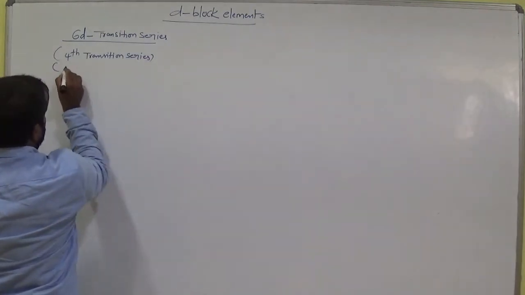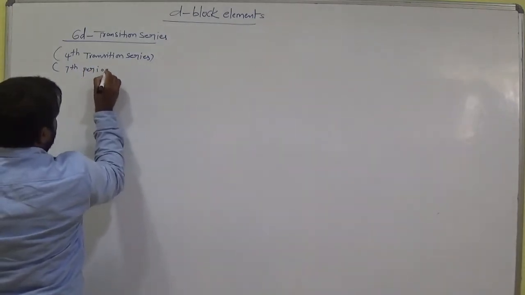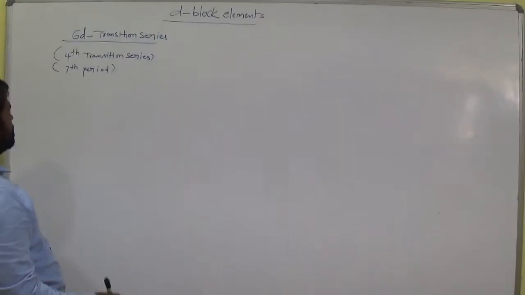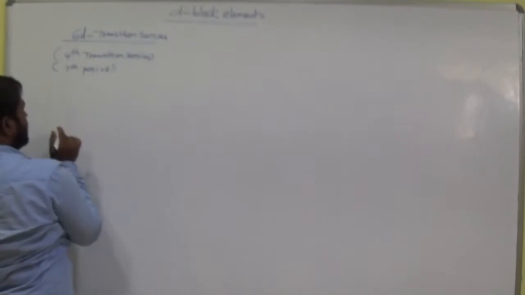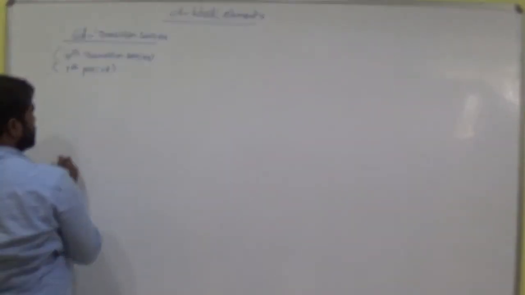This is related to the seventh period of the periodic table. So now, what are the elements in the 6d transition series or the 7th period transition series?